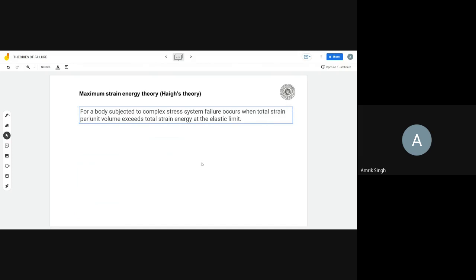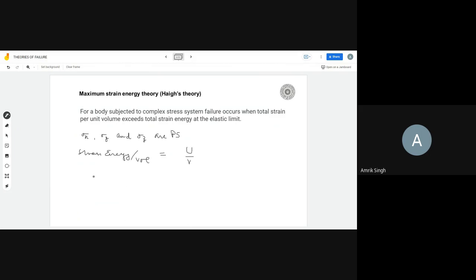So if we say here that sigma x, sigma y, and sigma z are the principal stresses, then the strain energy per unit volume, strain energy is U and the volume is V.